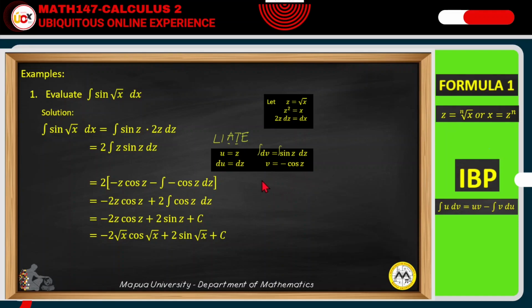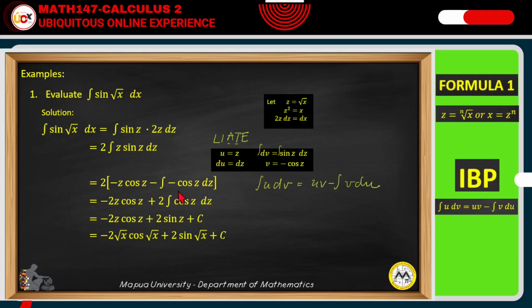Following the formula of integration by parts, wherein the integral of u dv is u times v minus the integral of v du, where u is z and v is negative cosine z, the product is negative z cosine z. So we have this minus the integral of v du, where v is negative cosine z and du is dz.